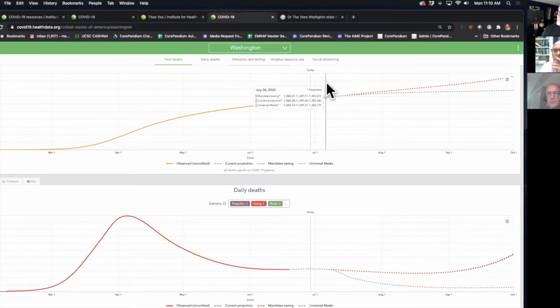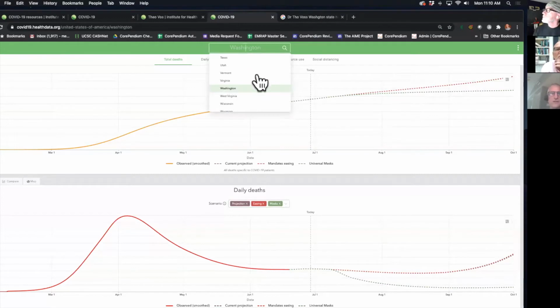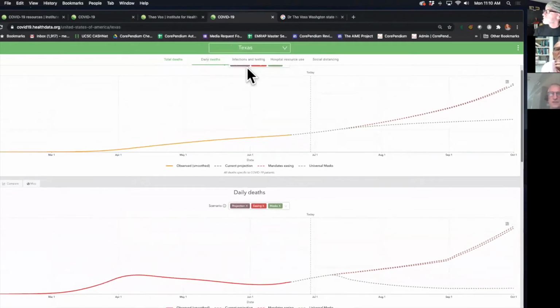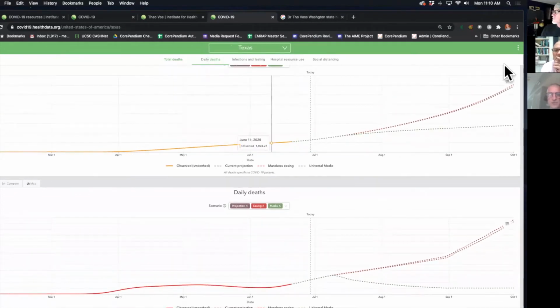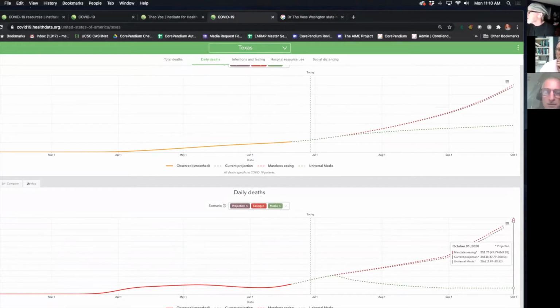If you now move to, say, Texas, and hover over the 1st of October, you can see that's a difference between, what does it say, 250 and 20 deaths in a day. So an extremely large difference from a simple measure like using masks.